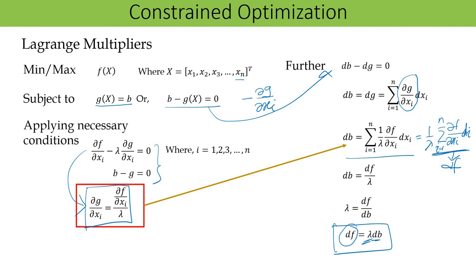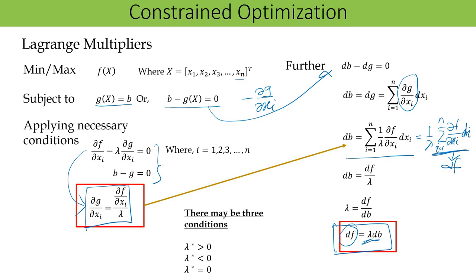Similarly, I have written here, lambda star may be greater than 0, less than 0, or equal to 0. There may be three conditions, whatever lambda value I am getting. If lambda is greater than 0, then what will happen?